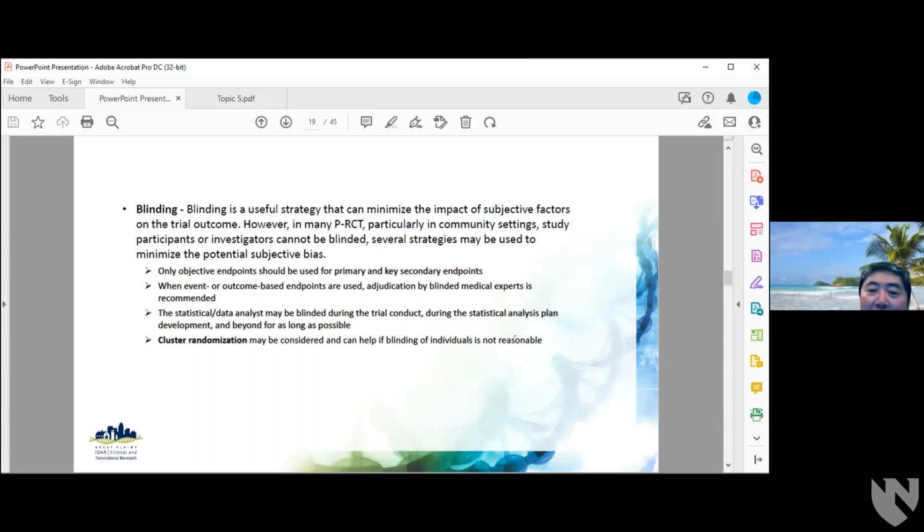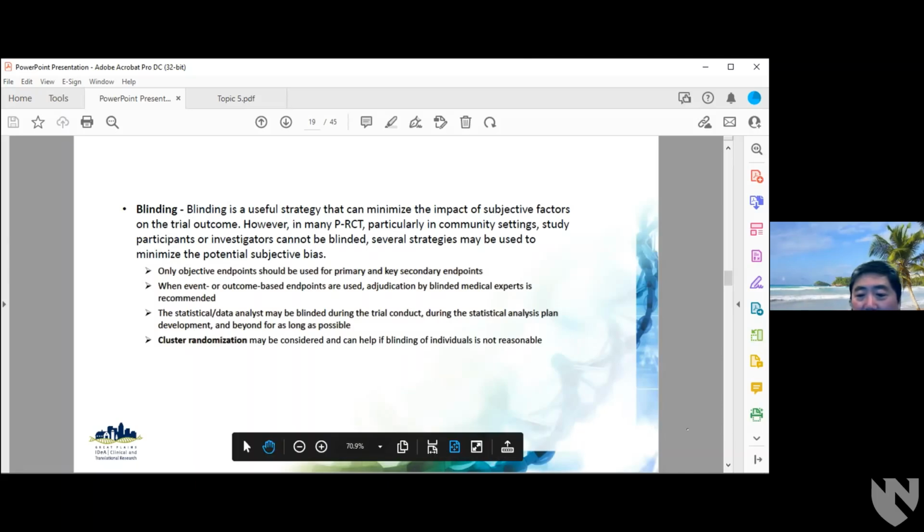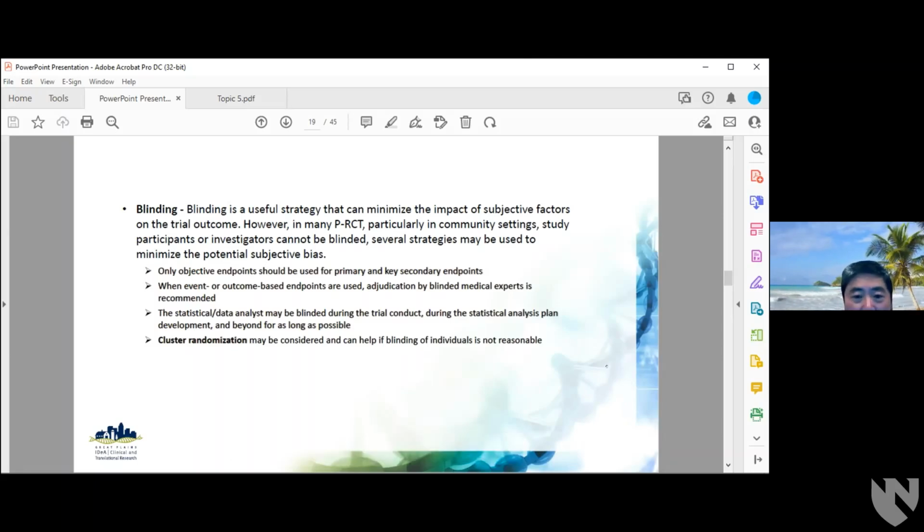Another, from a design perspective, to avoid the issue caused by the lack of blinding, a cluster randomization is a reasonable way to go. Okay, so the cluster randomization has an advantage to minimize the bias caused by unblindedness.